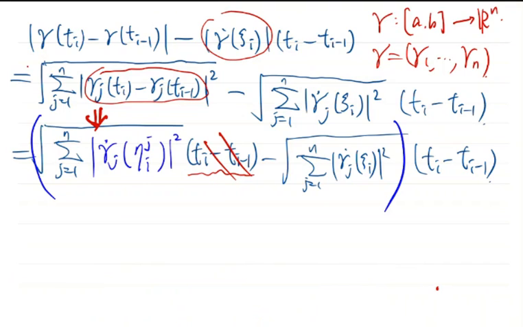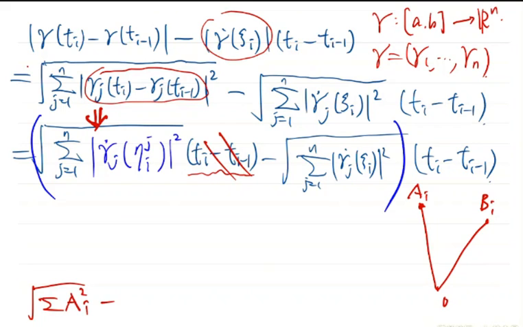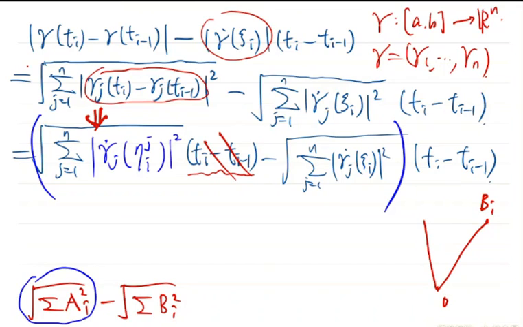So this is the origin. This is a point with coordinates something. So the square root of the sum of ai squared minus the square root of the sum of bi squared. What's this? The first term is the distance from the point A, with coordinates a1, a2, an, to the origin. Here ai is the coordinate.